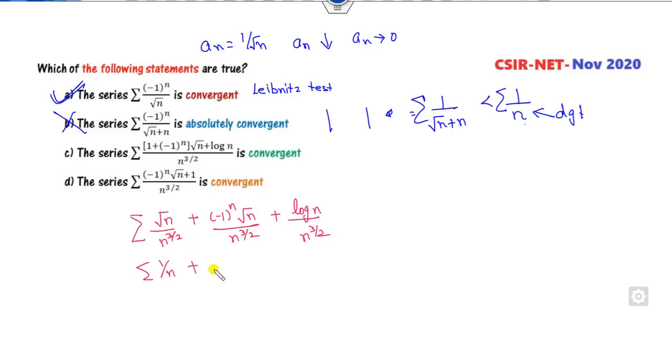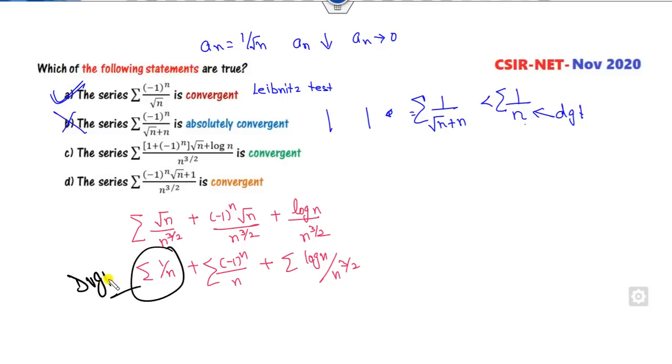This is 1 by n, this is the alternating term, and this is log n over n raised to power 3 by 2. Now clearly this term is divergent by the p test. This is convergent by the Leibniz test. But if one series is divergent, the complete series is divergent. So it is not convergent; cancel it out.